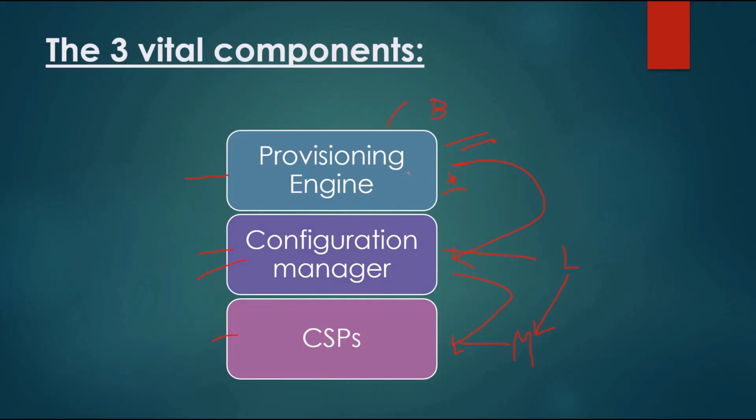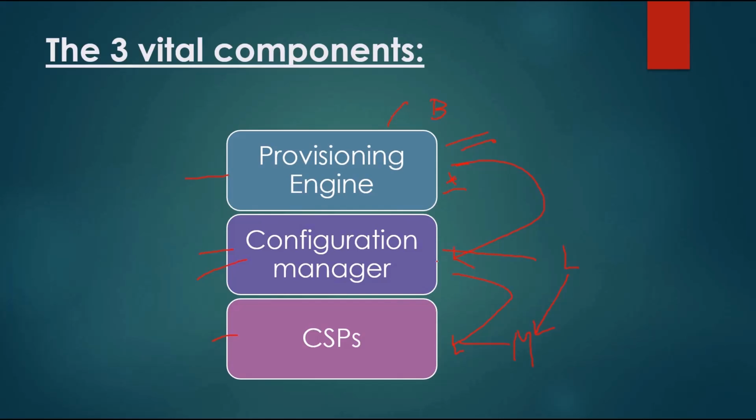So the provisioning engine, the brain, tells the configuration manager that now you have to apply these settings, or now you don't have to apply these settings, and this has to be superseded, in this case there is a conflict, now you have to trigger it, now you don't have to trigger it. Now the configuration manager is applying that by using a CSP. Now CSP, or configuration service provider, is a muscle, right?